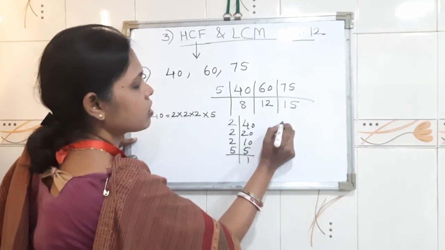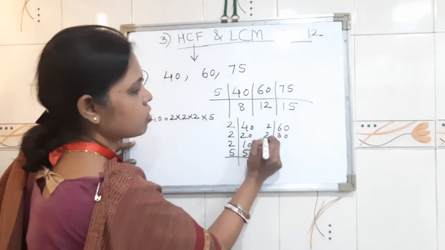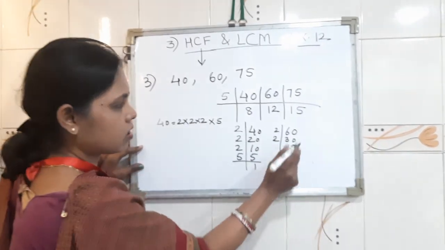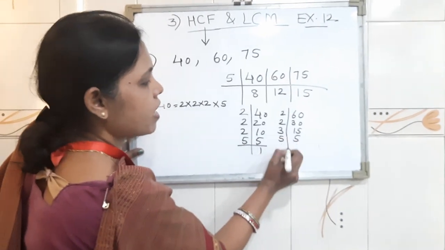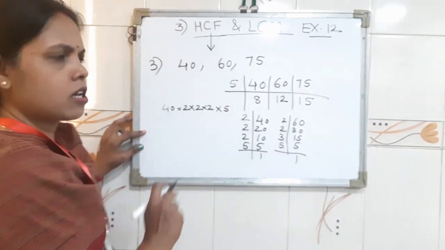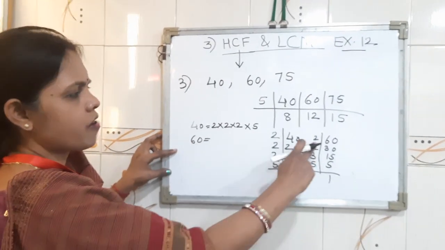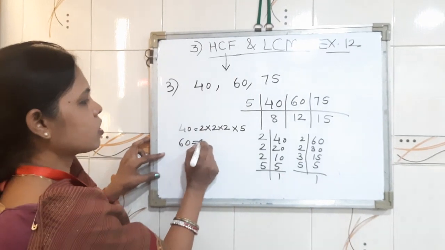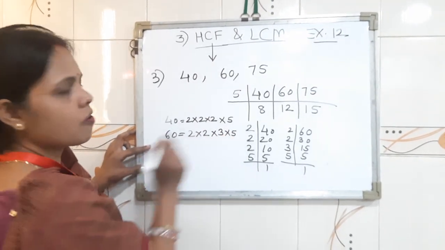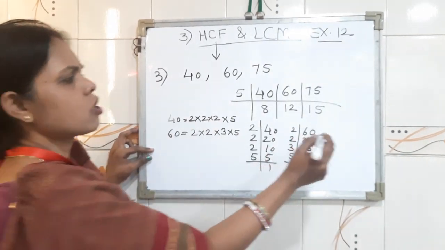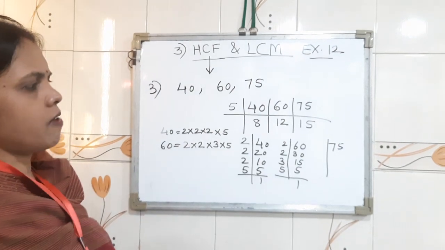For factor of 60, you got 2 30s are 60, 2 15s are 30, next 3 5s are 15, and 5 1s are 5. Means in our second method, the factors for 60 are 2 into 2 into 3 into 5. As well as for 75 also, find the factors in the same way.